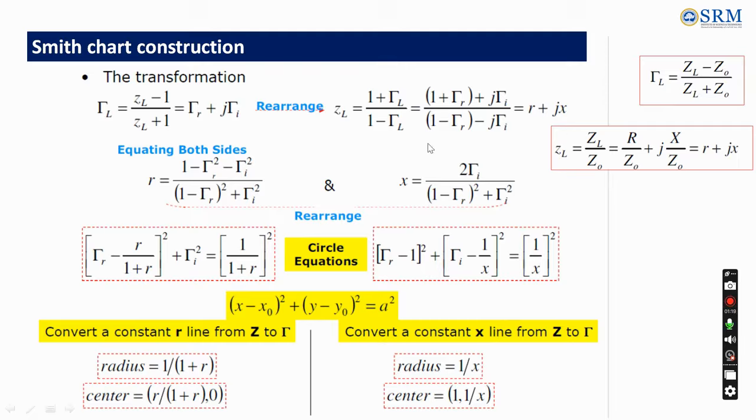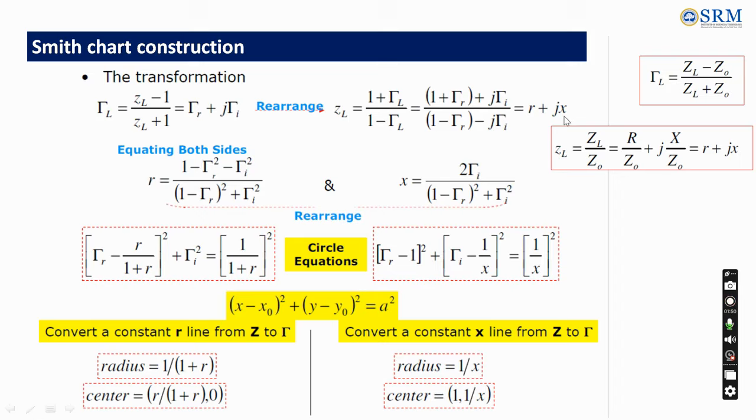So equating on both sides. We know the mathematical rule: when complex numbers are divided, we have to multiply and divide by the complex conjugate. The complex conjugate is 1 minus gamma R plus j gamma I. If I multiply and divide by the same and equate on both sides, we get what R is and what X is.